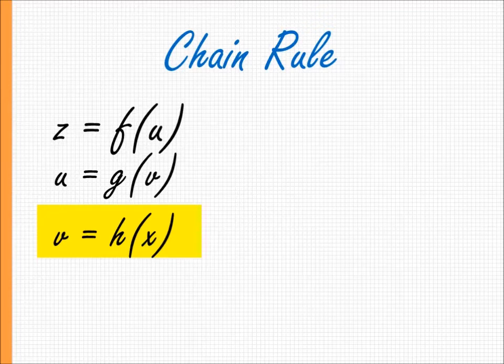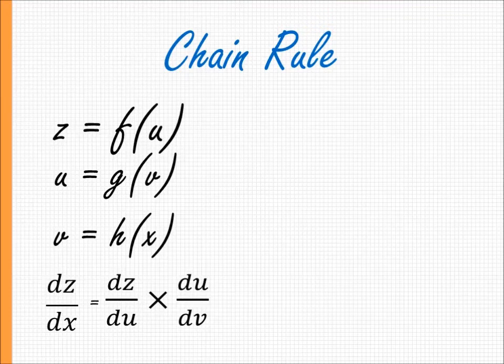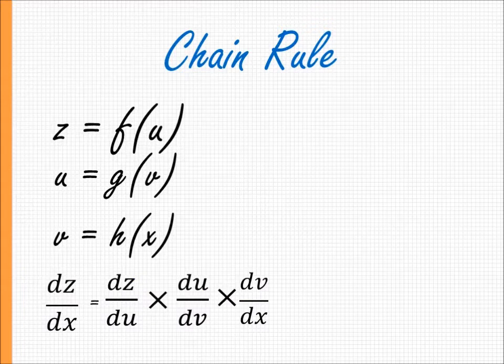In this case, the derivative of z with respect to x is equal to the derivative of z with respect to u into the derivative of u with respect to v into the derivative of v with respect to x. Or in other words, dz upon dx is equal to dz upon du into du upon dv into dv upon dx.